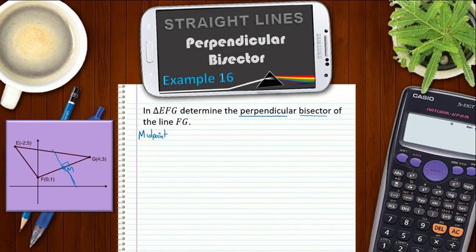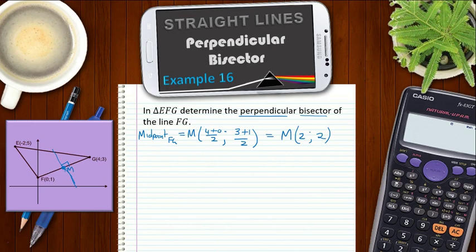So finding the midpoint of FG, we know that is equal to the x's added together, so that's 4 plus 0 over 2, and adding my y's together divided by 2, so that's 3 plus 1 divided by 2. So M's coordinates are then 2 and also 2, because 4 divided by 2 is also 2. Right, that's found.